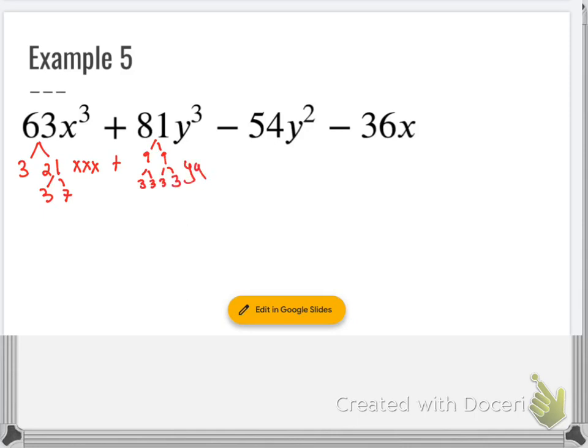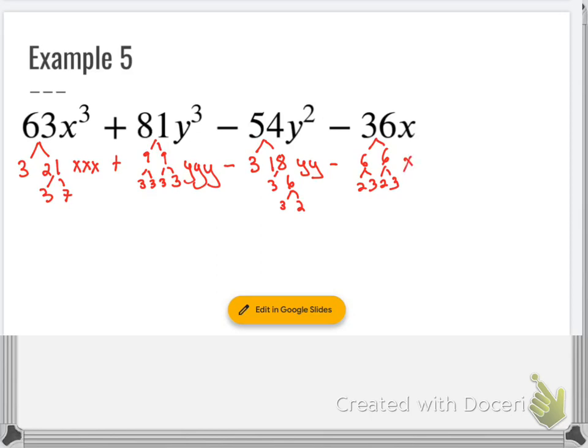And then y, y, y minus 54 is going to be 3 and 18. 18 is 3 and 6. 6 is 3 and 2. And then we have y, y minus, we have 36, which is 6 and 6. 2 and 3, 2 and 3. And then we have just x.